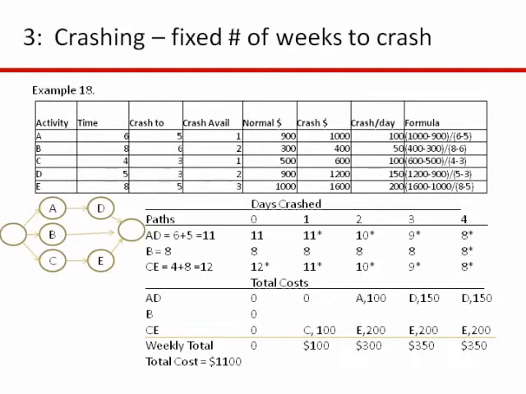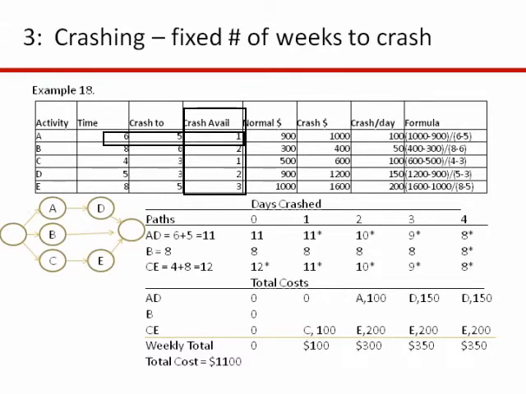Okay, so this is example 18 from the end of the chapter, and it gives you the original times, how much you can crash to. So the crash time available is equal to the time minus the crash to. So the 6 minus the 5 is the 1.